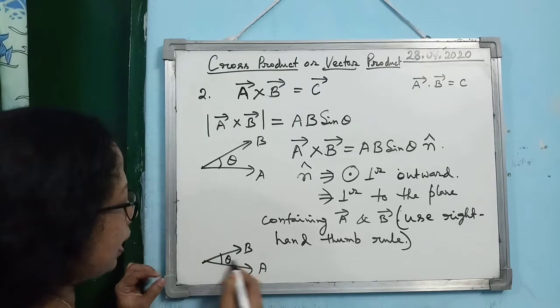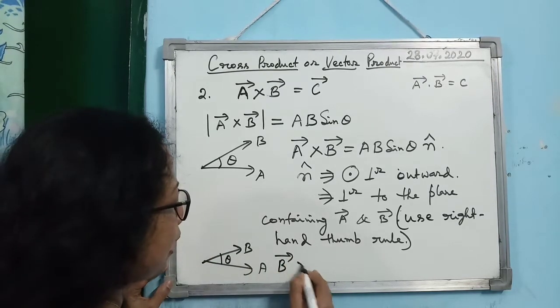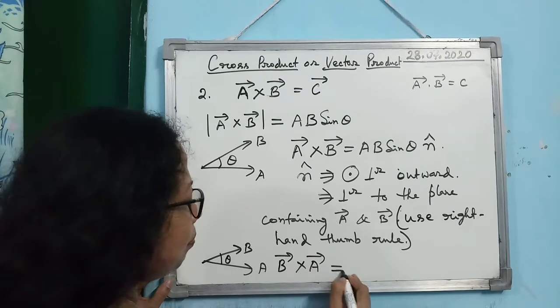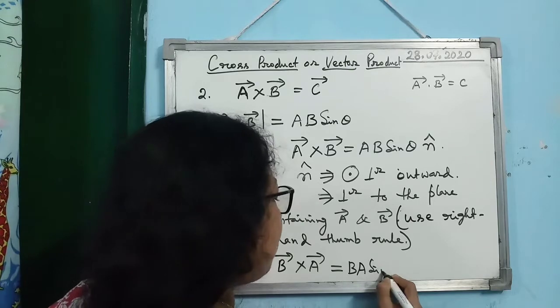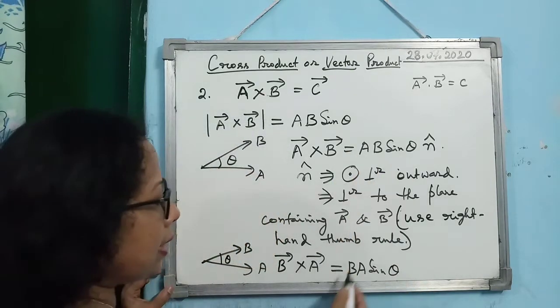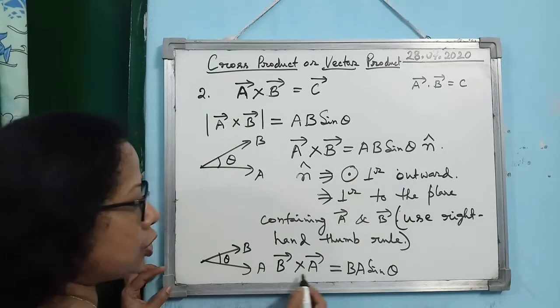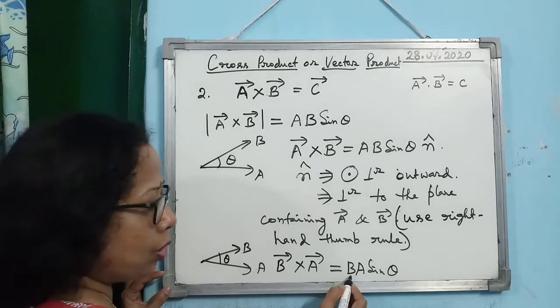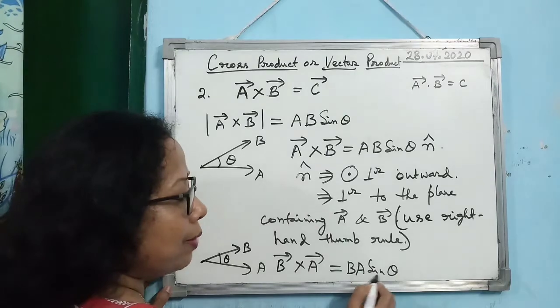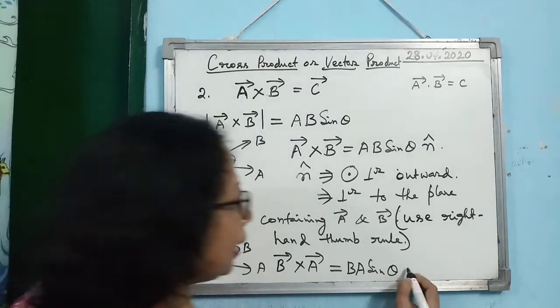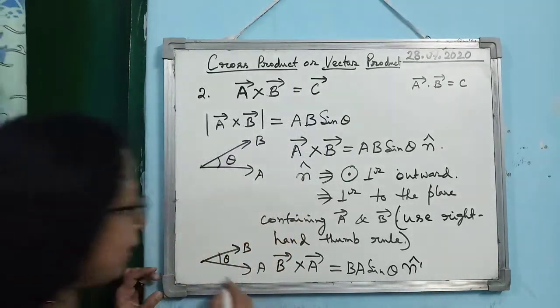Alright. So you see, if you find out B cross A, what will be the magnitude? Same like this, AB sin theta. Instead of writing AB sin theta, it should be magnitude of the first vector multiplied by magnitude of the second vector multiplied by sine of the angle between them, then the unit vector n dash.